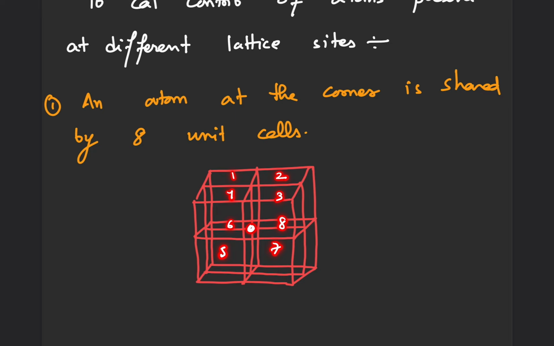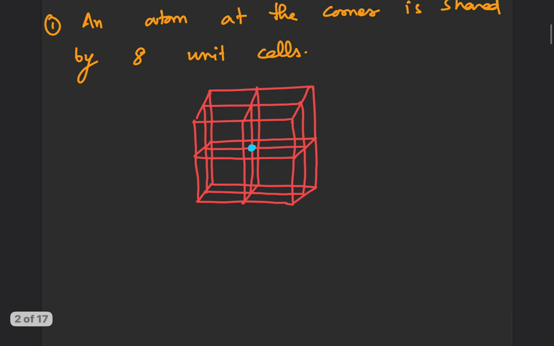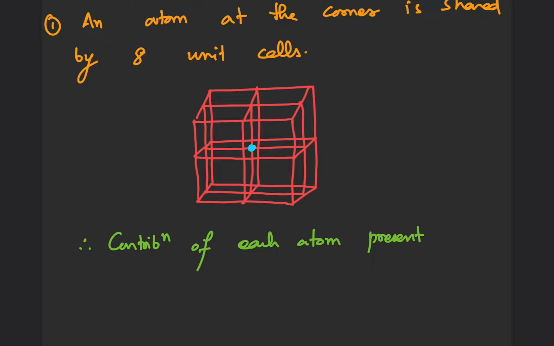So contribution of each atom present at the corner will be 1 by 8, because 8 of the cubes are sharing the same atom. Okay.